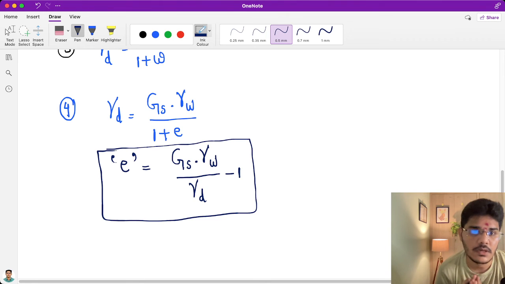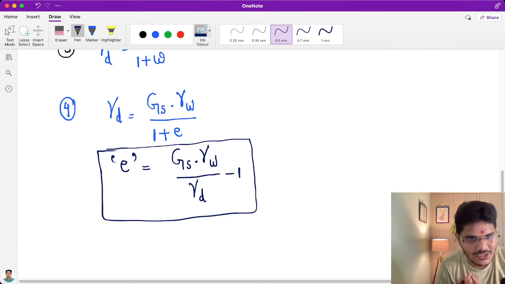This is one of the questions that might be asked in your interviews as well, so you should be very quick. If they ask how you can measure the void ratio in the field, you say: sir, we can find the bulk density and the water content from the field, and we will know gamma D for that particular soil.